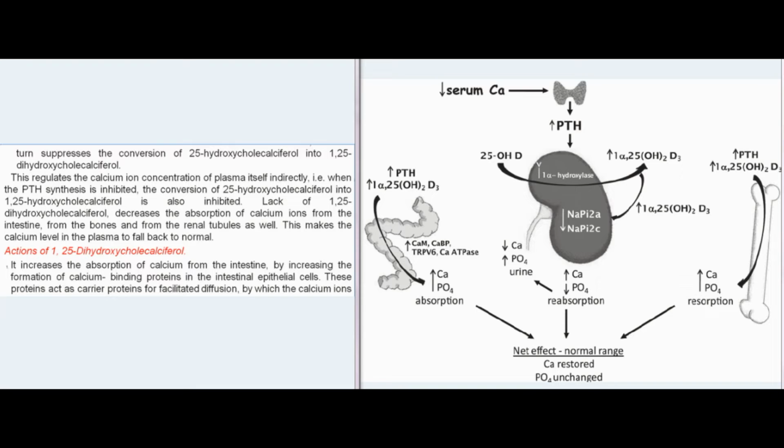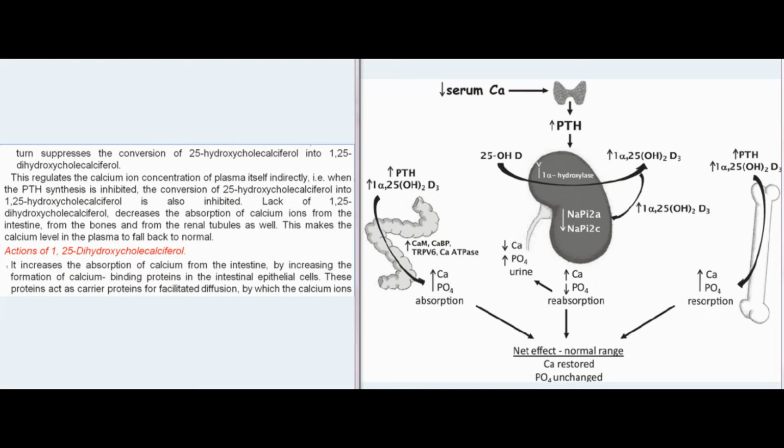Lack of 1,25-dihydroxycholecalciferol decreases the absorption of calcium ions from the intestine, from the bones and from the renal tubules as well. This makes the calcium level in the plasma to fall back to normal.